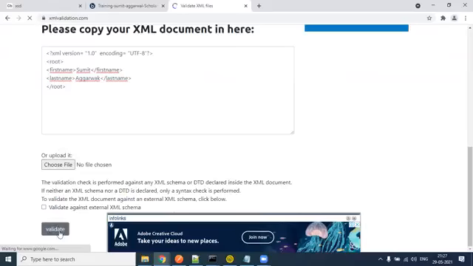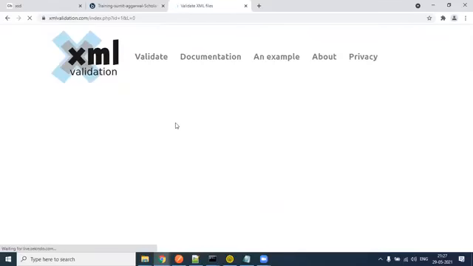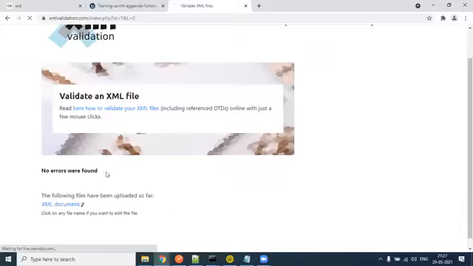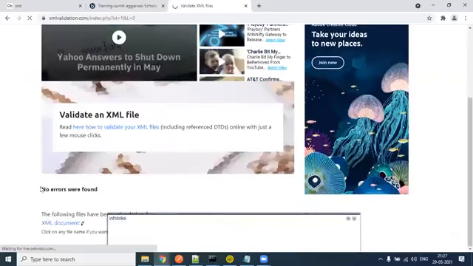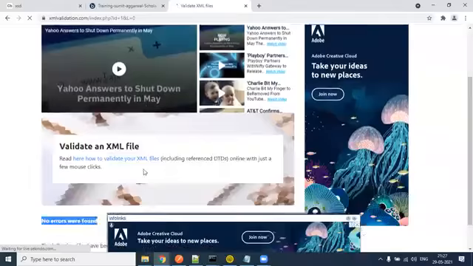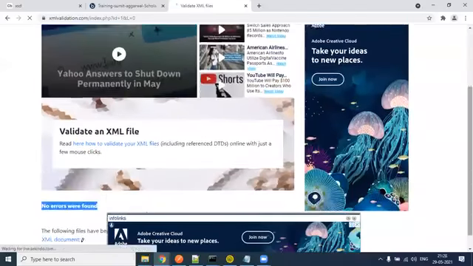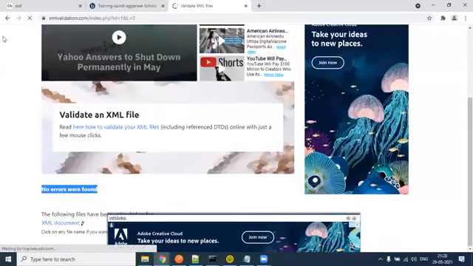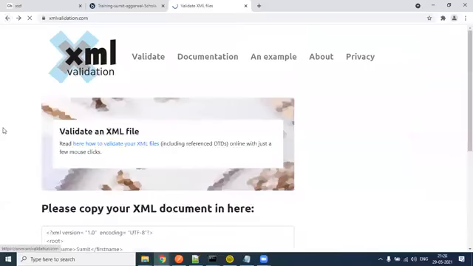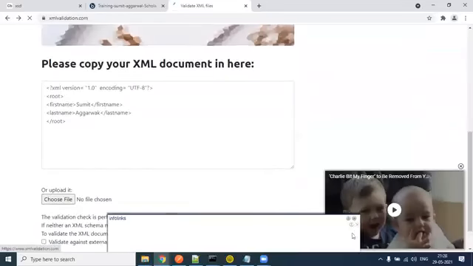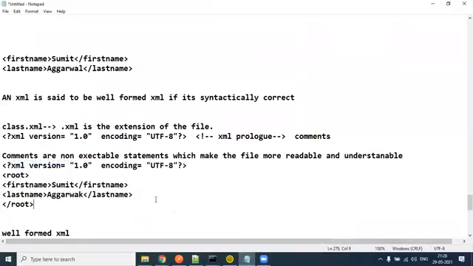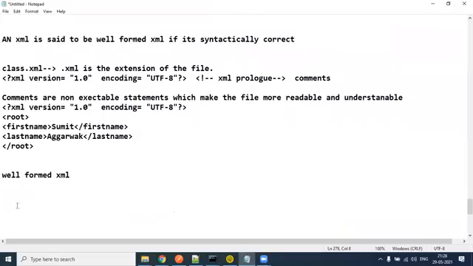We'll say validate. What is it saying? No errors were found. So it is a legitimate XML, a well-formed file. You can look for a better validator, we have lots online.